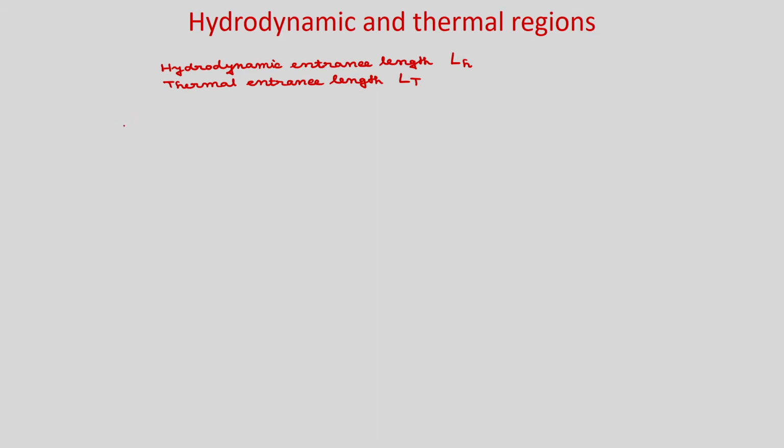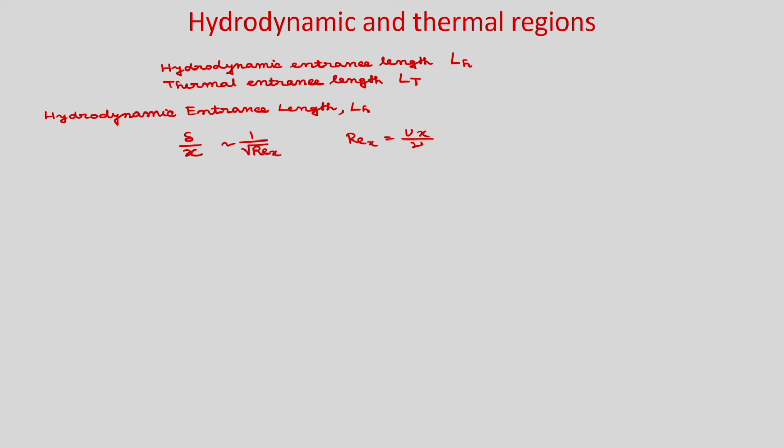We know from external flows that delta by x is of order 1 by root Re_x, where Re_x is u average x by nu.